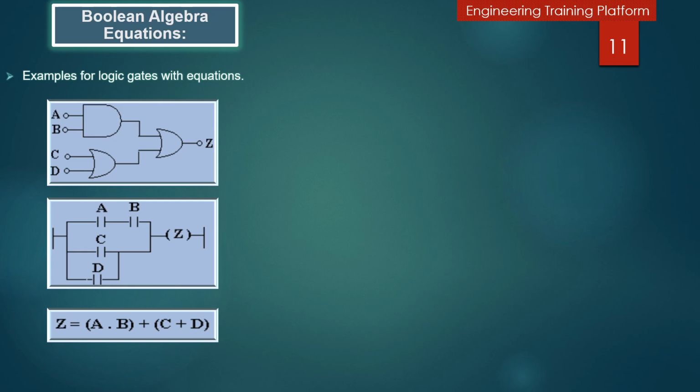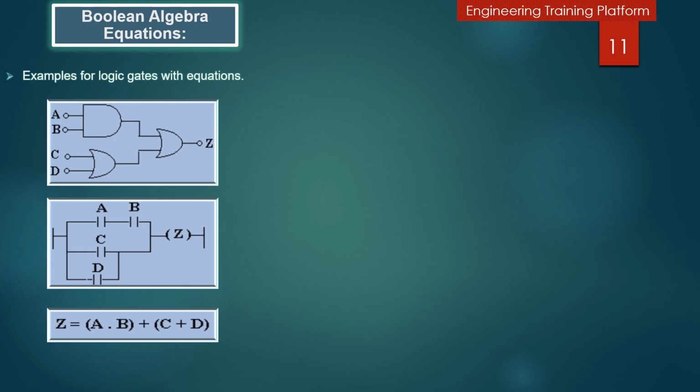For the AND gate, if you look at the truth table in the previous slides, when both inputs are turned on, both normally open contacts closed, logic 1, then the output will be energized. Now A is normally open and B is normally open.